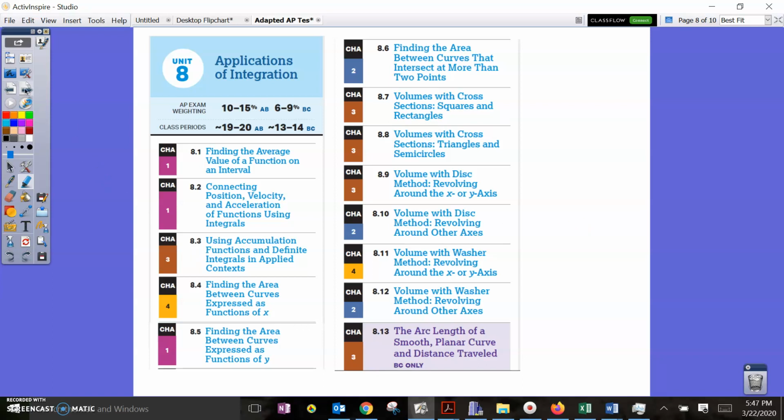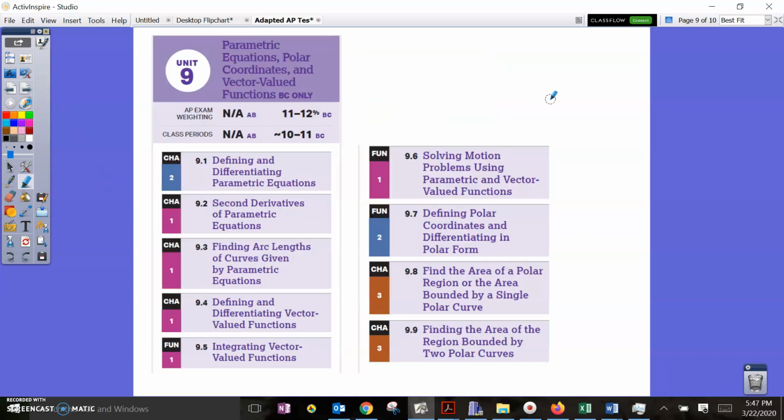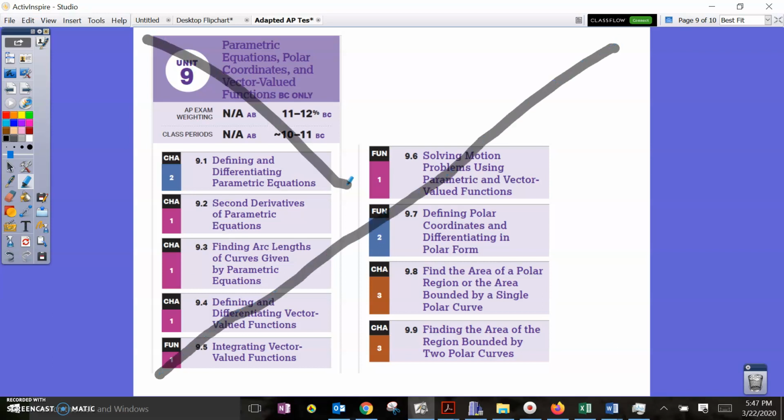Now here's where it gets interesting. Unit 9, parametric, polar, and vector valued functions. BC only topic usually. This entire unit is not going to be asked about on the modified BC calculus exam. So we can take that one right off, scratch those.